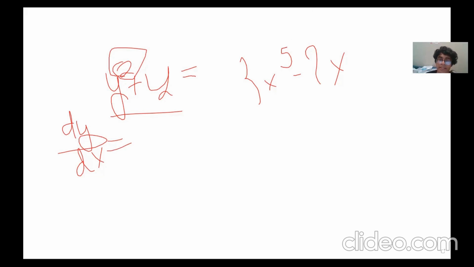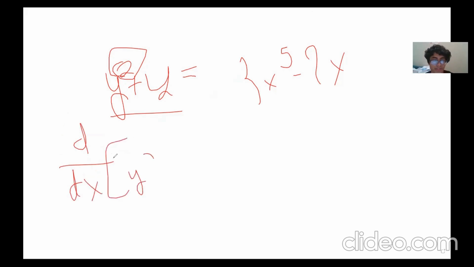You'll see what I mean. This is where implicit differentiation comes into play, where you take the derivative with respect to x. That's the important part. Since you want dy over dx, you want the dx on the bottom, so you do this, and you apply that to the right-hand side.